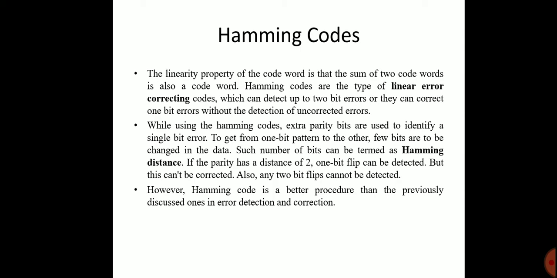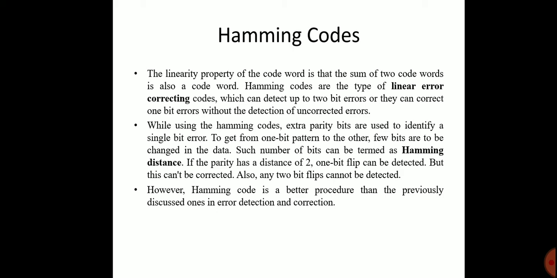Such a number of bits can be termed the Hamming distance. If the parity has a distance of 2, a one-bit flip can be detected but cannot be corrected. Also, any 2-bit flips cannot be detected. However, the Hamming code is a better procedure than the previously discussed ones in error detection and correction.